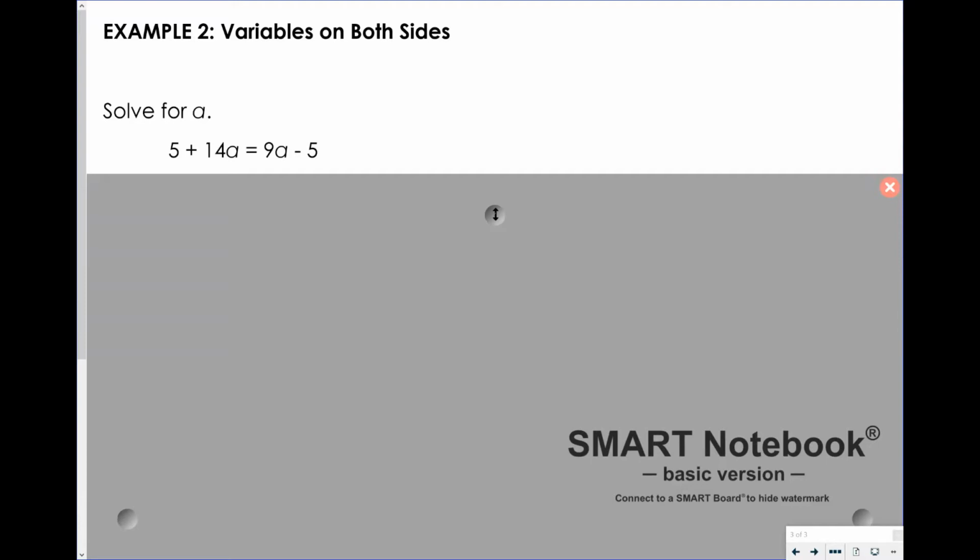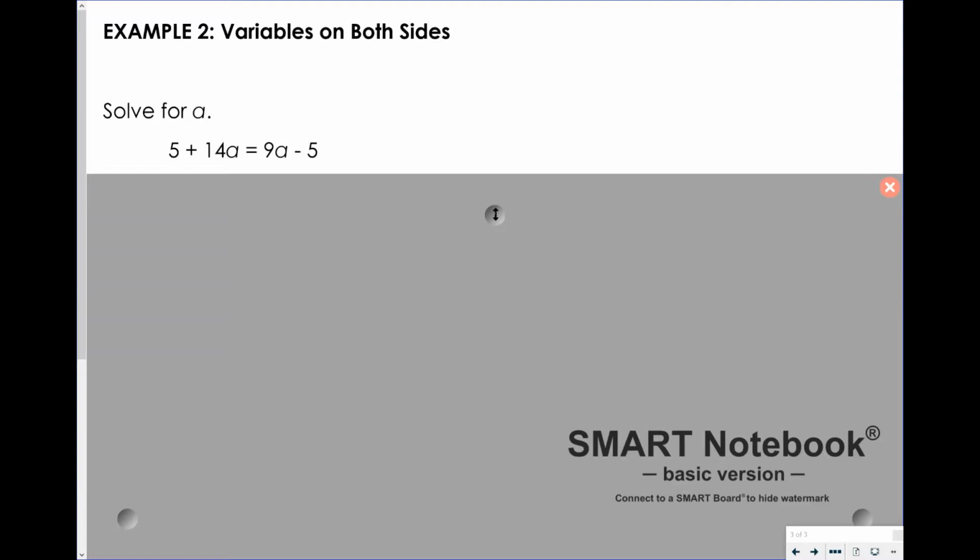So, like I mentioned on our last lesson, there are 4 ways that you can solve this problem here. Either way that you do it, you will still get the exact same answer.